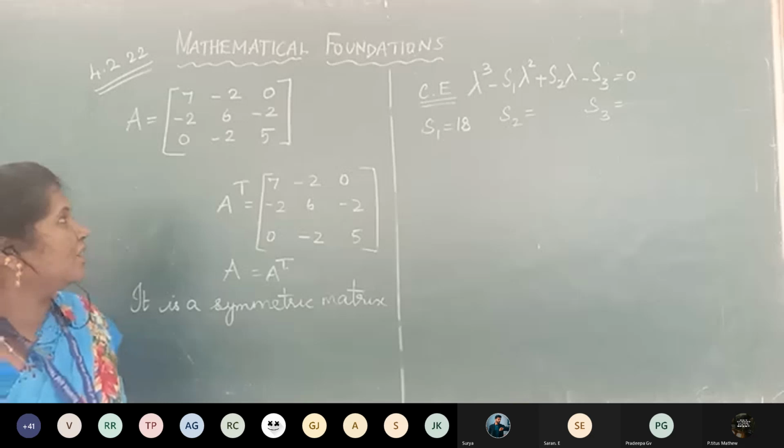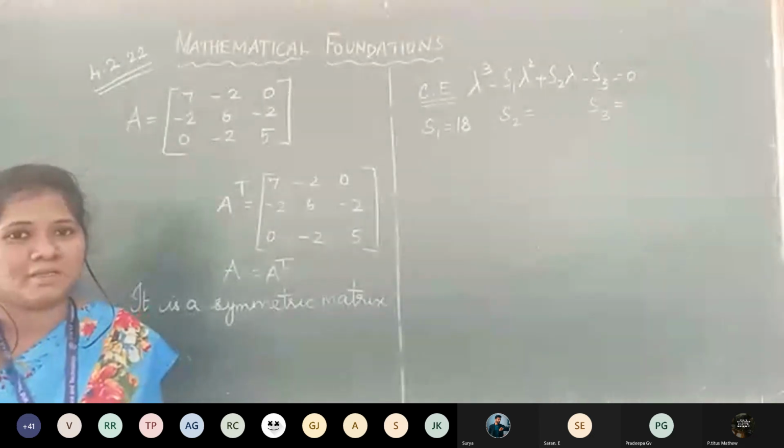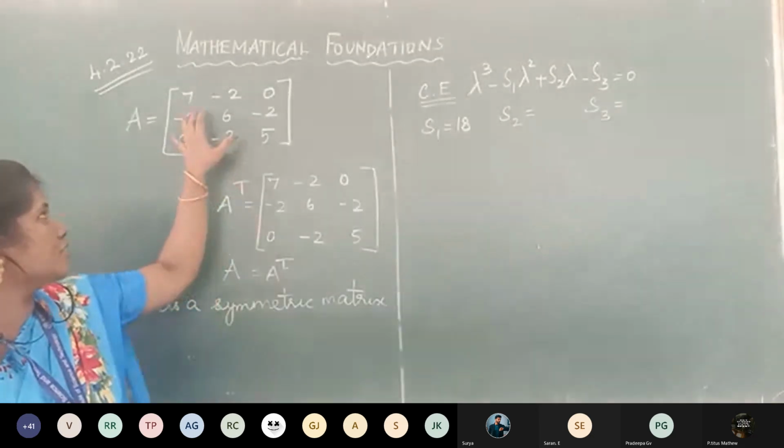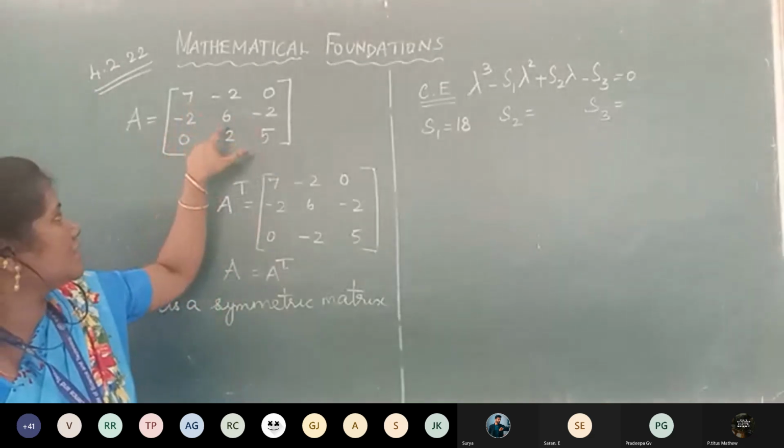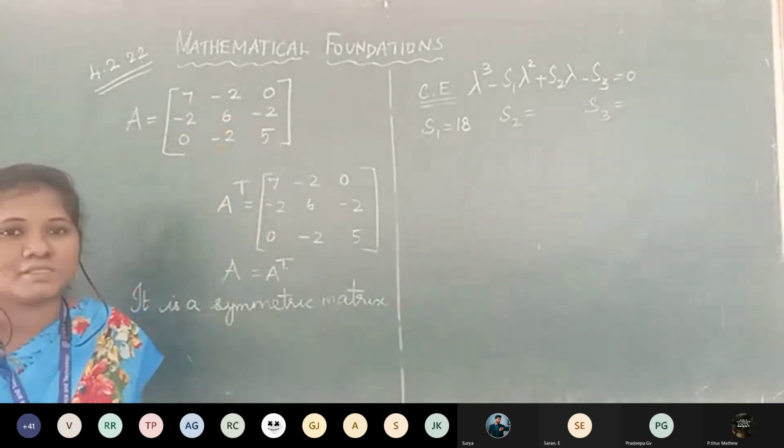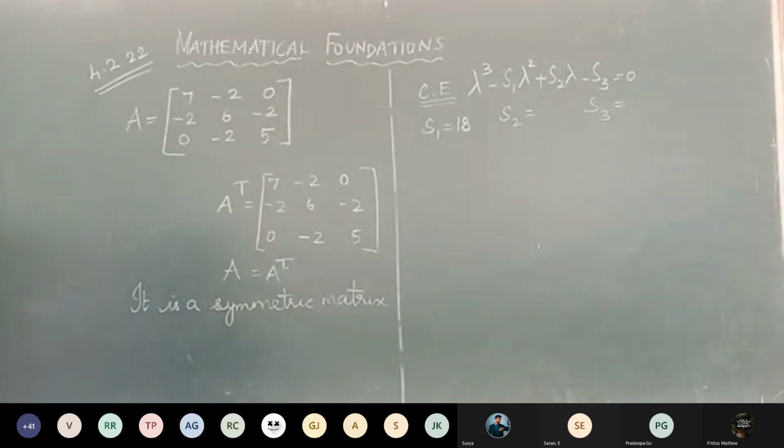Next, find out the sum of the minors of the main diagonal elements. 7, 6, and 5. Find out the minors. Concentrate and do.